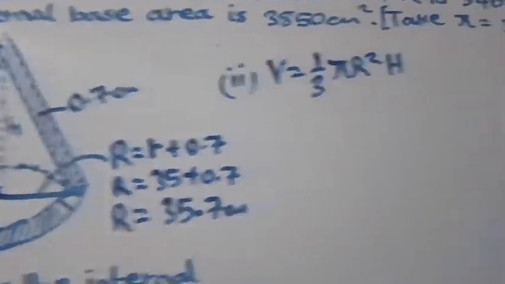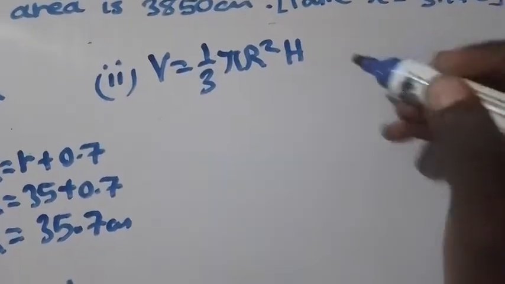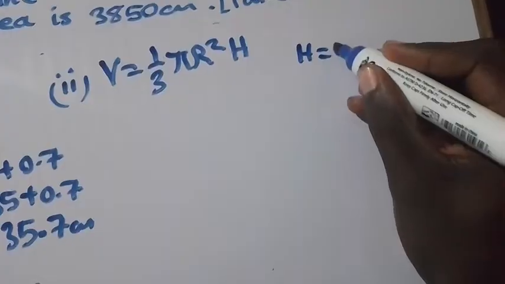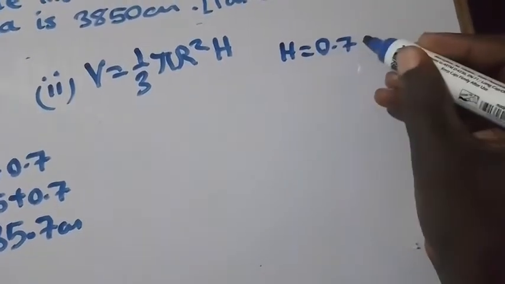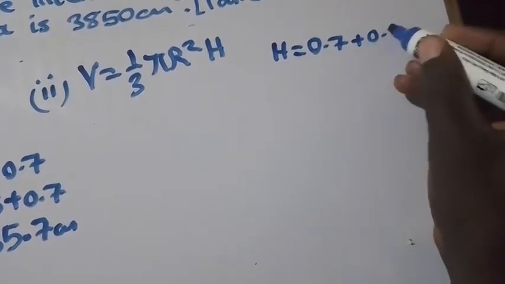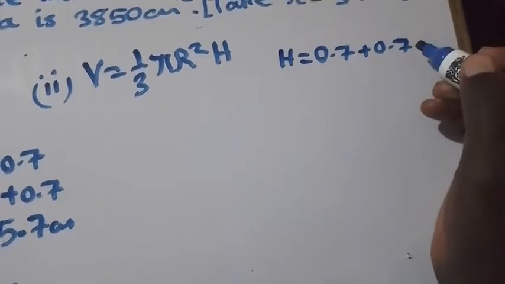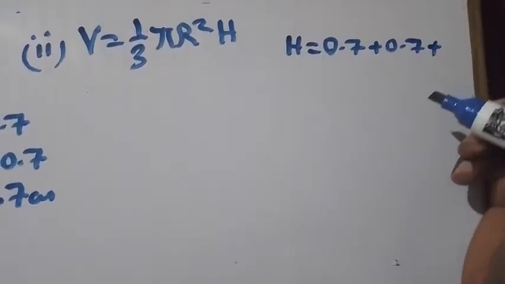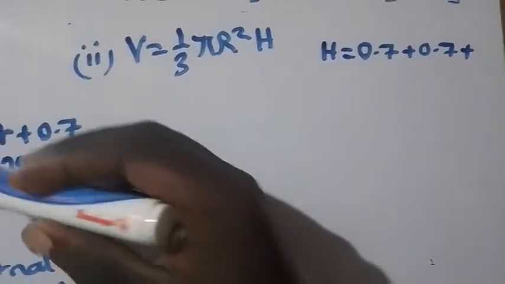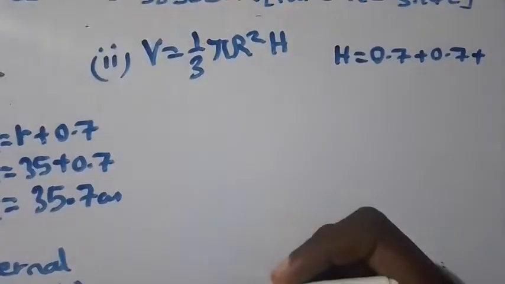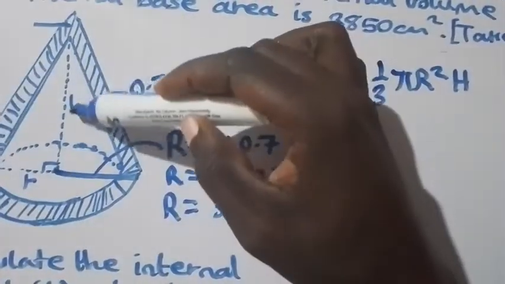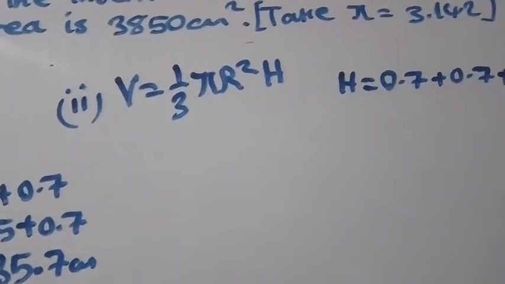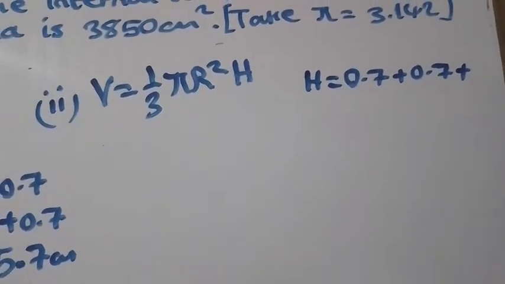So capital letter H will be 0.7 plus 0.7 plus the calculated small letter h, which is 27.